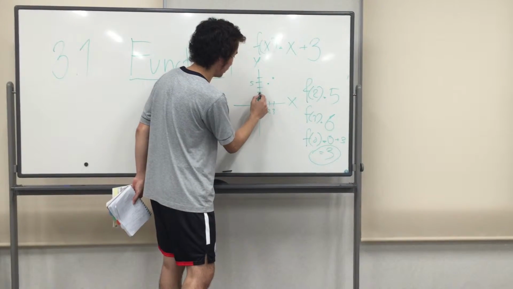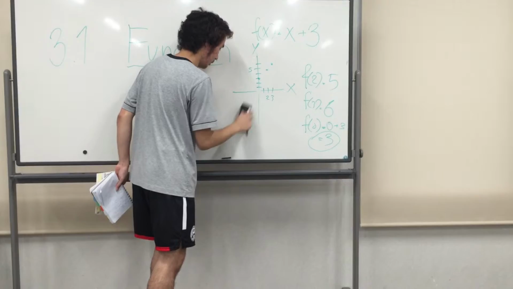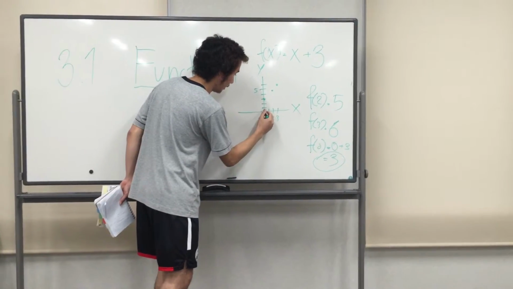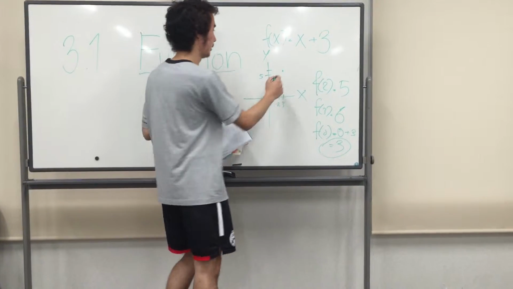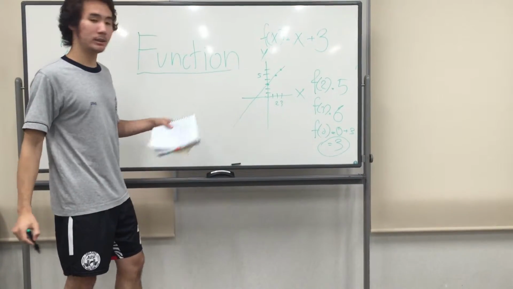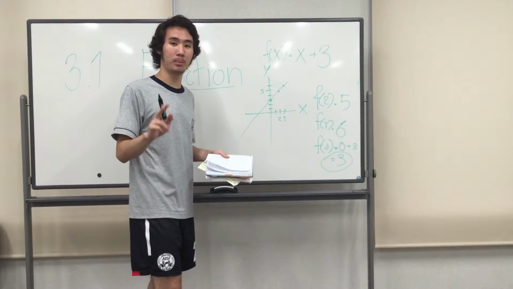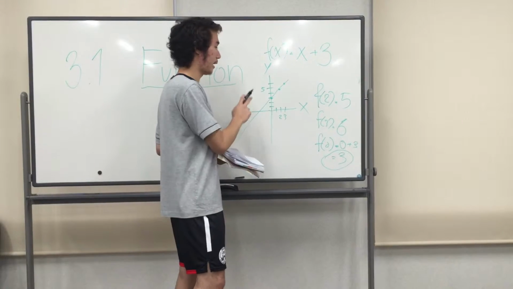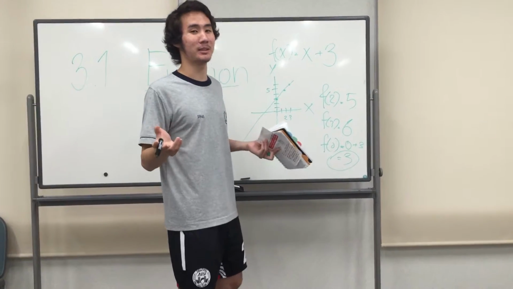It's here. As you can see, the graph is going to be like this. This is a function. A function cannot have two outputs, because if it has two outputs, it's not a function. It's that simple.